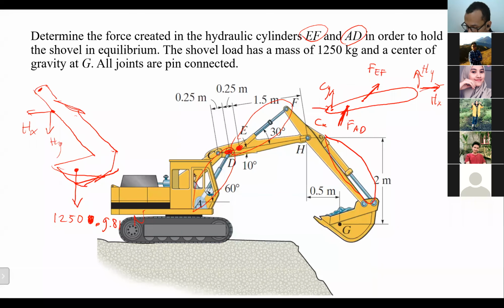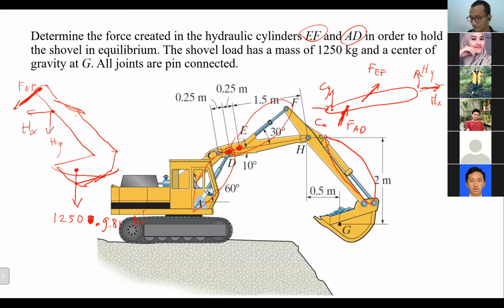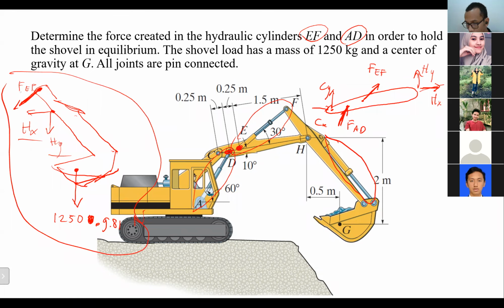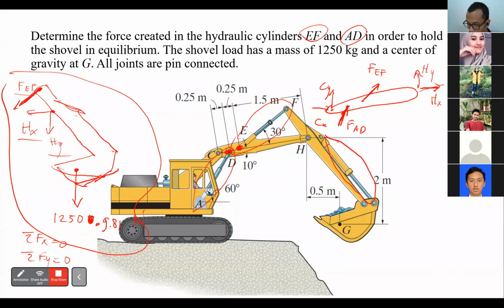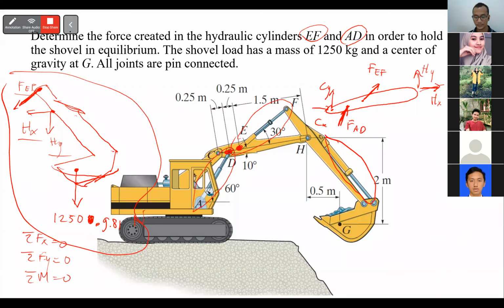You can assume anything, tension or compression. This free body diagram can be solved because we only have three unknowns and we have the equations: sigma Fx equal to 0, sigma Fy equal to 0, and sigma moment equal to 0. So you can solve this.